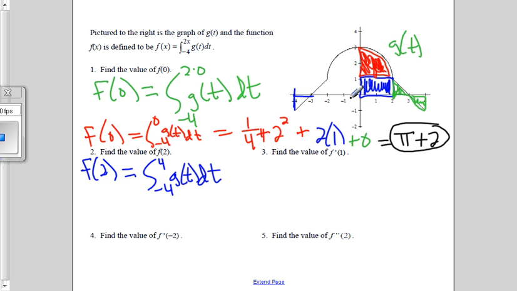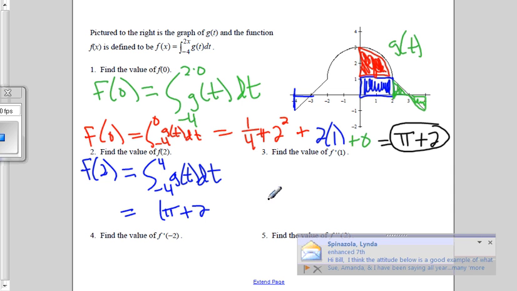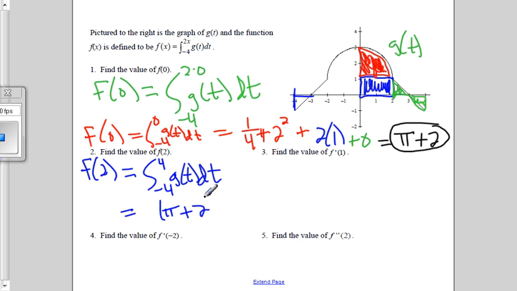So it's y-axis symmetric. So it's an even function when I go from negative 4 to 4. So now all I got to do is take the answer I just found, pi plus 2, and multiply by 2. And we get 2 pi plus 4.